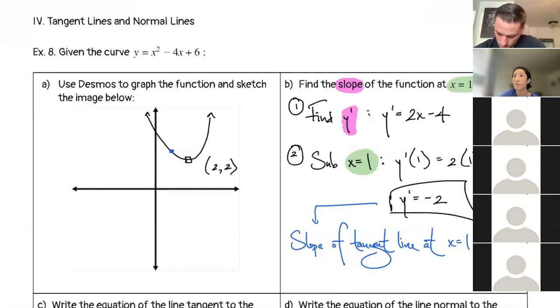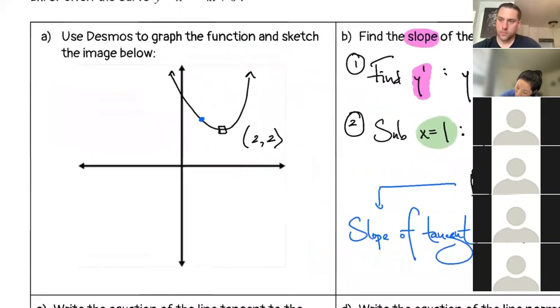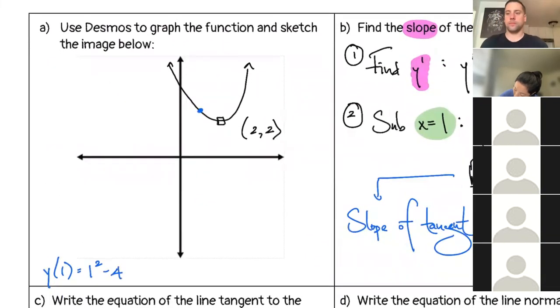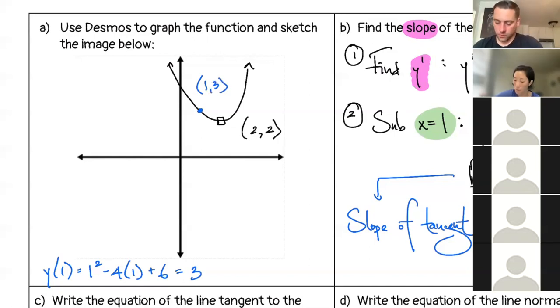We're going to plug 1 into the original function. And we also have that procedure, thank you, Vince, where he's actually putting 1 into the equation. So we could say y of 1 equals 1 squared minus 4 times 1 plus 6. So 1 minus 4 is -3, plus 6 is 3. Okay, so in particular, this coordinate is 1, 3. Okay, so we've got 1, 3 here.